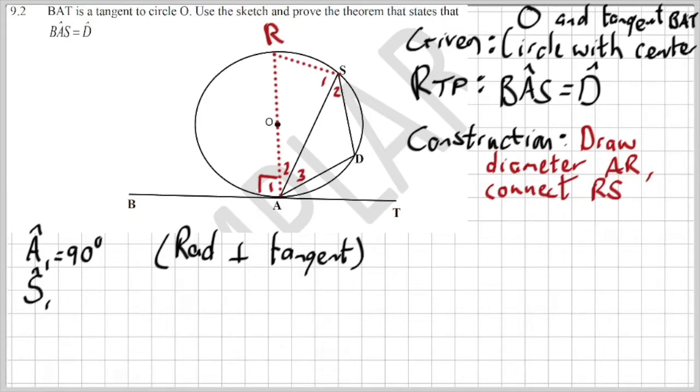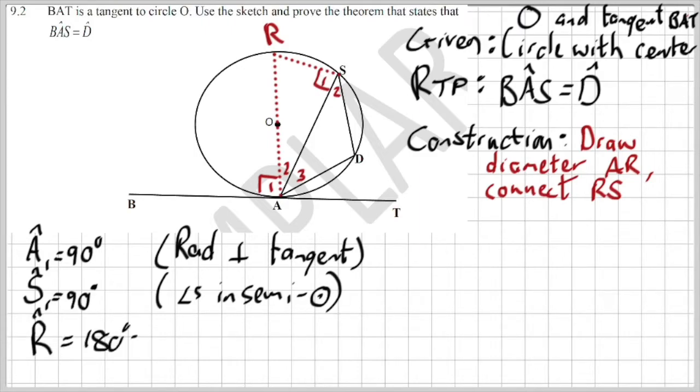Next, because I've got a diameter, angle S1 is also 90 degrees because of angles in a semicircle. What I'm trying to do now is get an expression for the angle R.